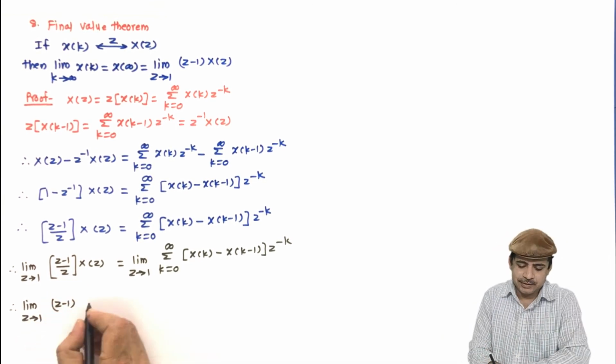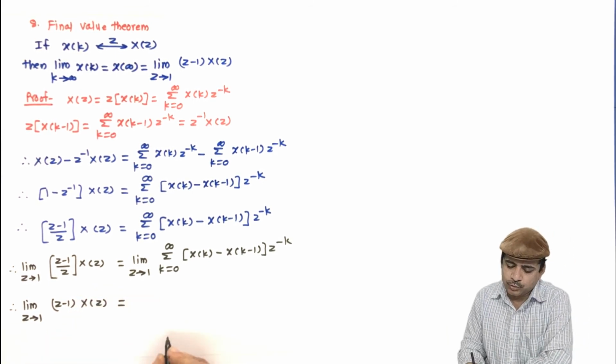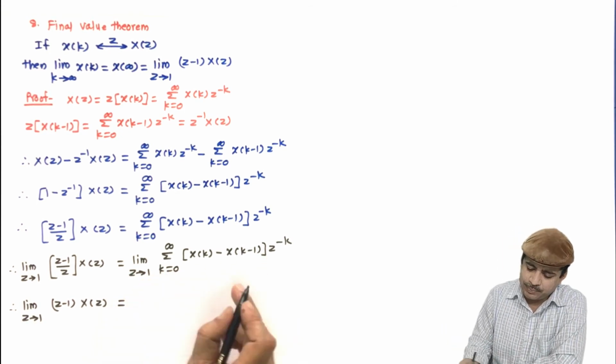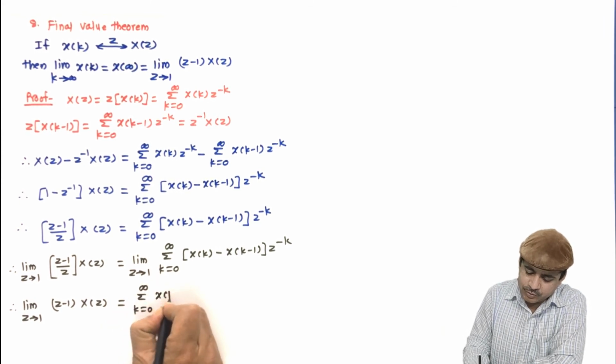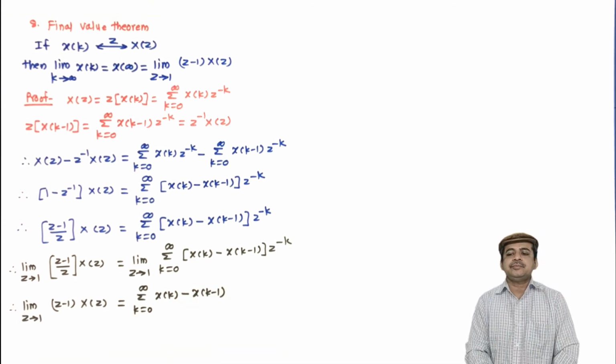If I apply z tends to 1 here, yes, you can apply. This is 1, and this is X(z). If I apply limit z tends to 1, this becomes 1. So after applying the limits, I get the summation k equal to 0 to infinity of x(k) minus x(k minus 1).